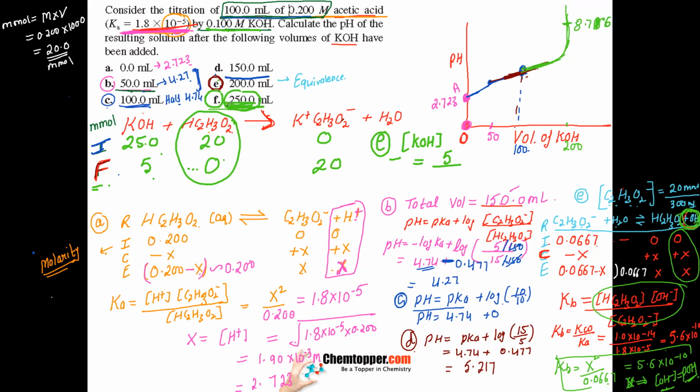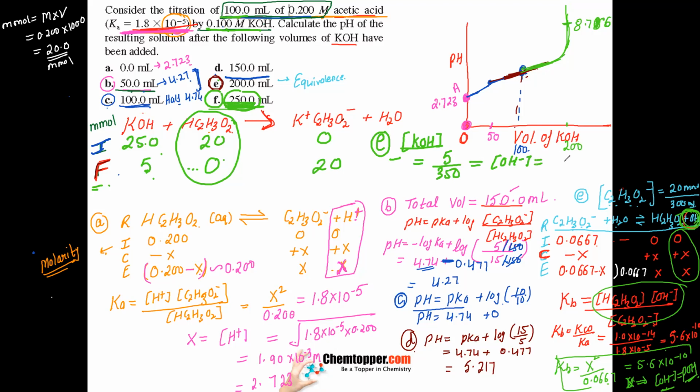What's the total volume? 250 plus 100, 350. And that will be the concentration of your OH minus because KOH is a very strong base. It's going to dissociate completely, 100%.